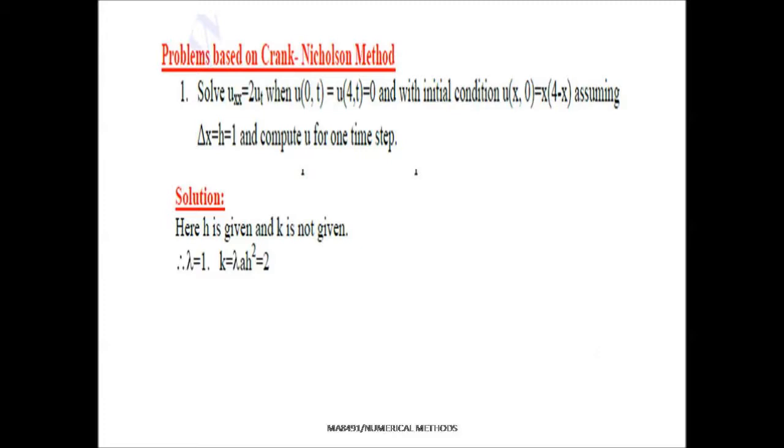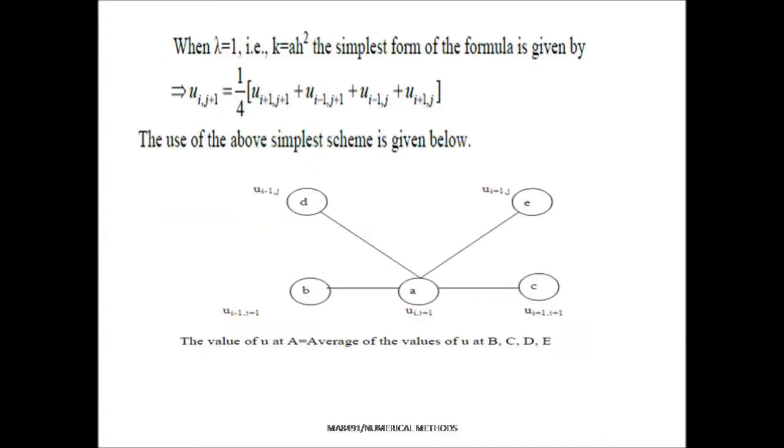Now see the formula we are going to use to calculate the table. We have found the lambda value and the k value using the formula k equal to lambda a h square. Now we are going to choose the formula apt for this question.